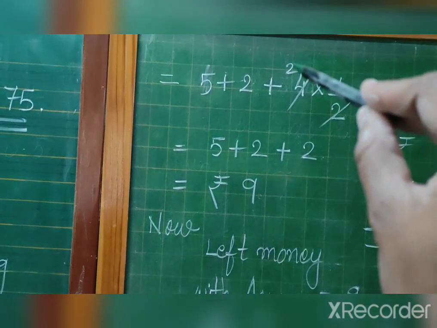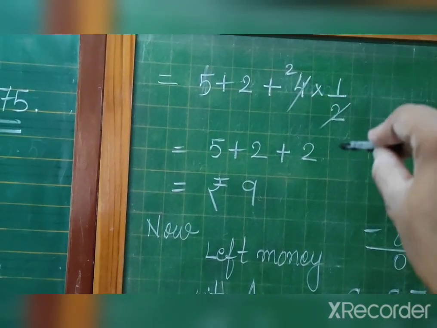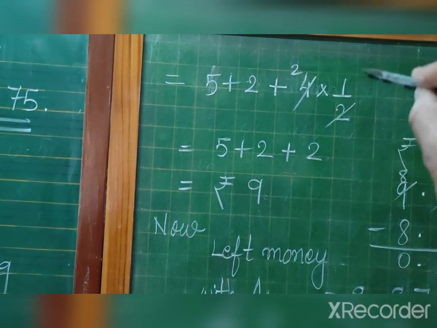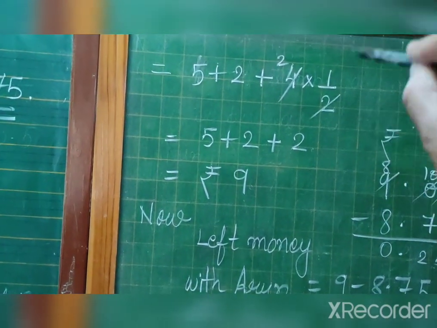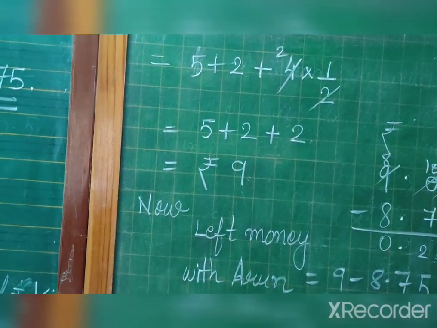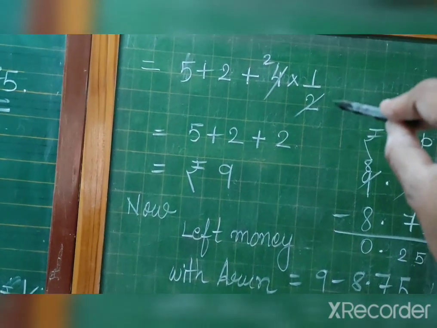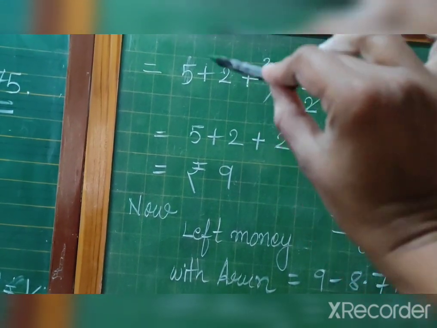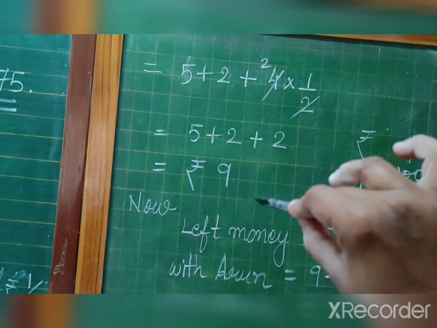You will write 1 here. Then in this way, in place of this half, you will write 1 plus 4 into half rupee. Half means 50 paise. So 2 times 50 paise will make 1 rupee, so 4 times 50 paise will make 2 rupees. Or in simple language, 2 ones are 2, 2 twos are 4. So 2 is here, 2 is here, 5 is here. So the total money Arun is having is rupees 9.